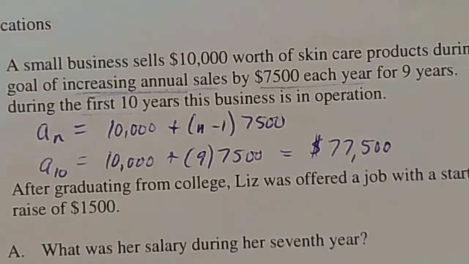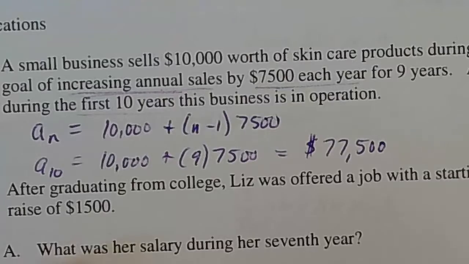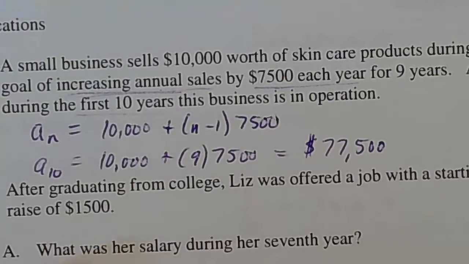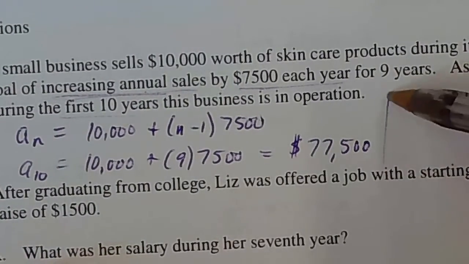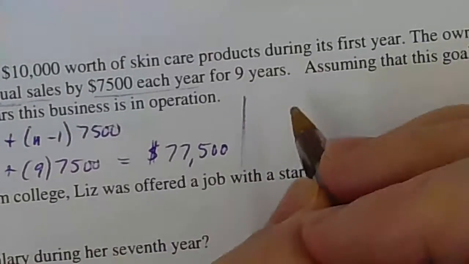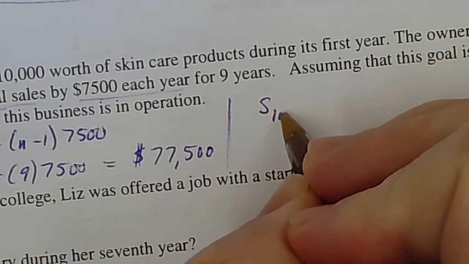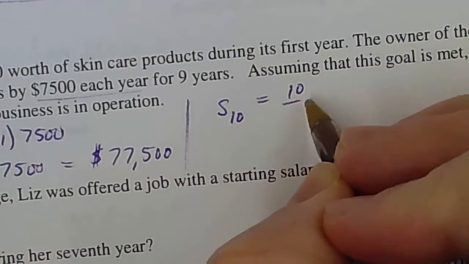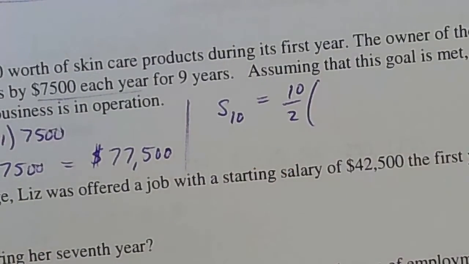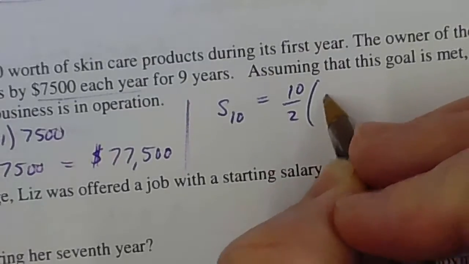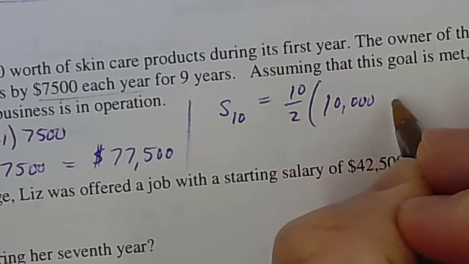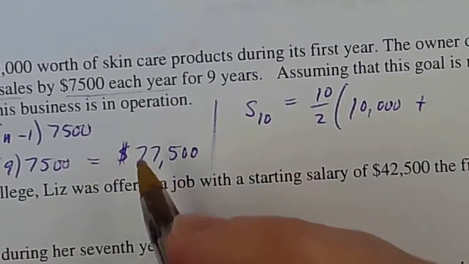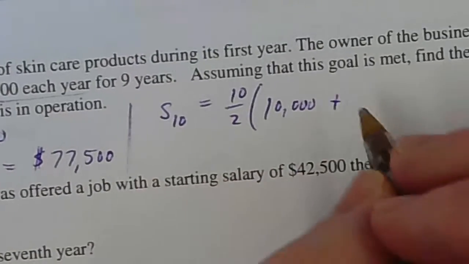Okay, so just like the other problems, we're set. We have everything we need now for that sum formula. Okay, it'll take a while, obviously, to add up all 10 years and find all those terms in between. This is a major time saver. So S of n, sum of 10 years, equals 10 over 2 times a sub 1 plus the a sub n, which we just found is 77,500.